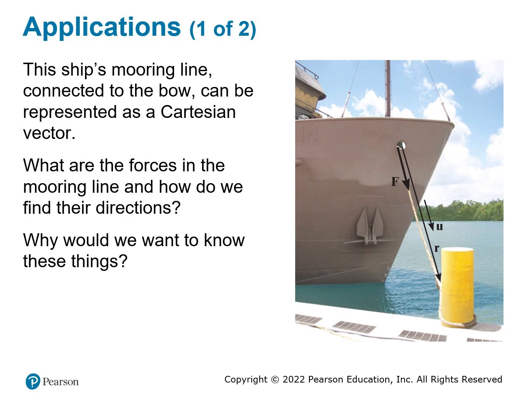To give you an example of why we need to do this, here is a boat, and there's a cable line connected to the boat. We want to represent this line from the hook on the boat to the stop on the bank, and it's represented as R, a position vector.